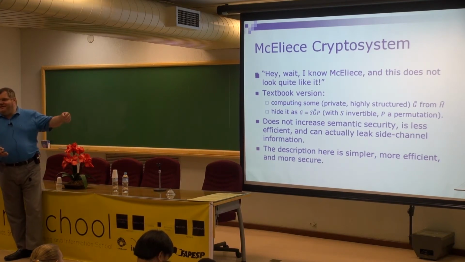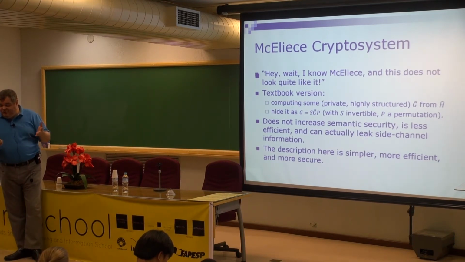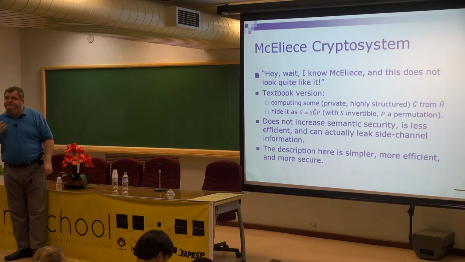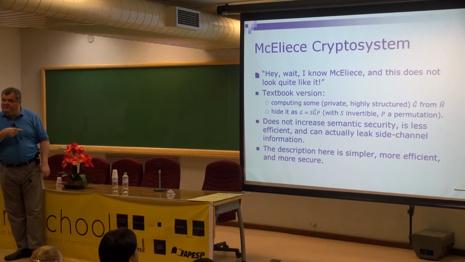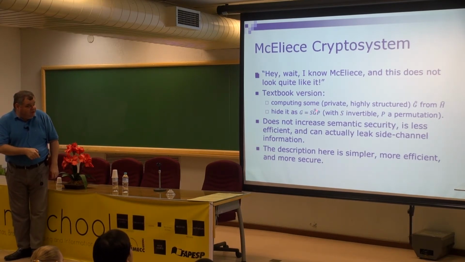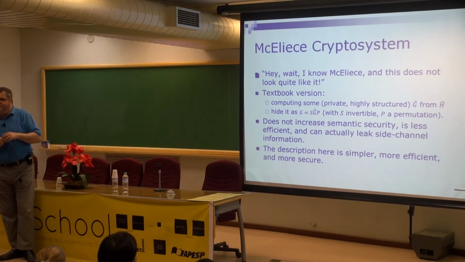We'll see when we see how encryption works why this has to be so. The matrix S is not directly related to the security of McEliece. And to be sure, the permutation P actually introduces an implementation vulnerability in the system.